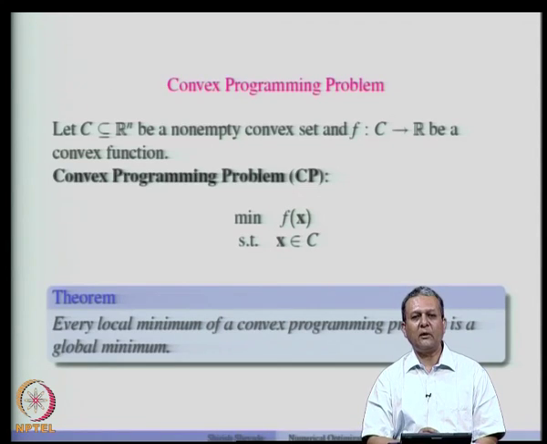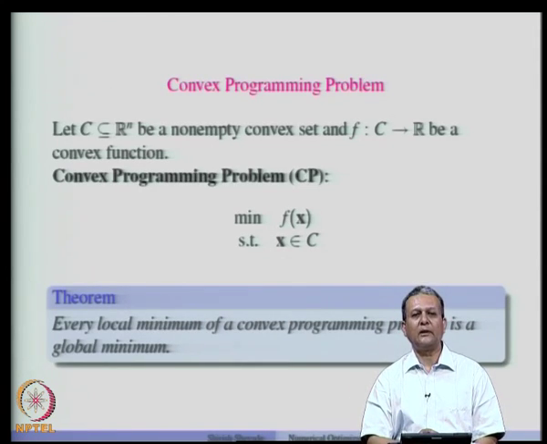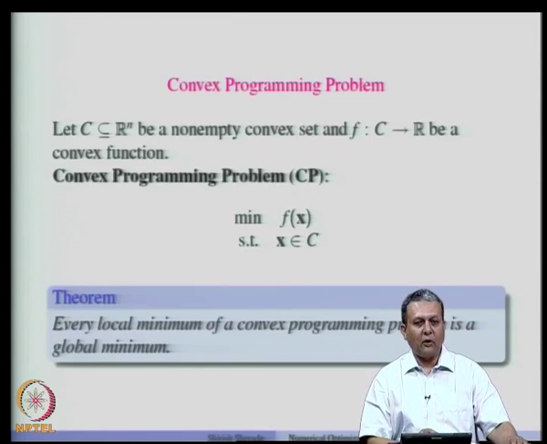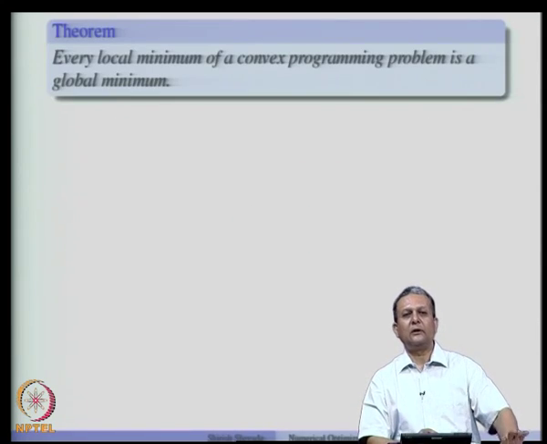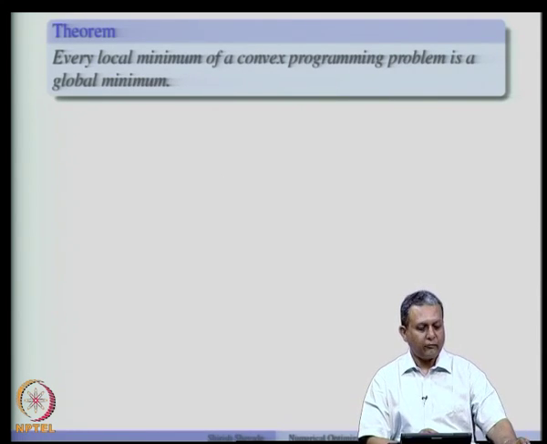So, these problems are very important, and we should know some of their important properties. One of the properties is that every local minimum of a convex programming problem is a global minimum. So, let us now try to prove this property.